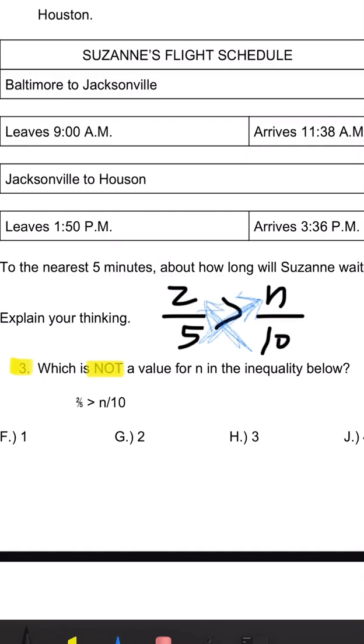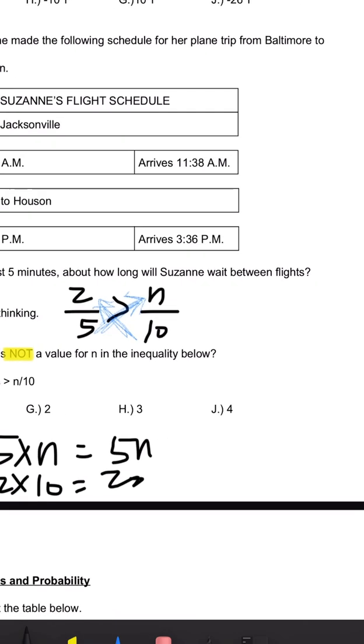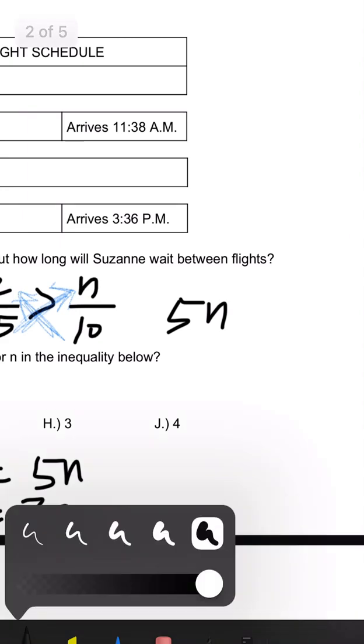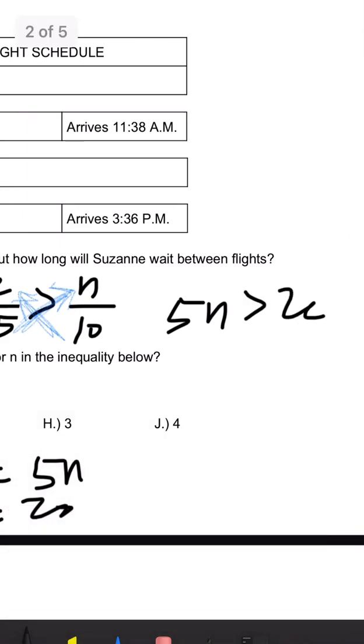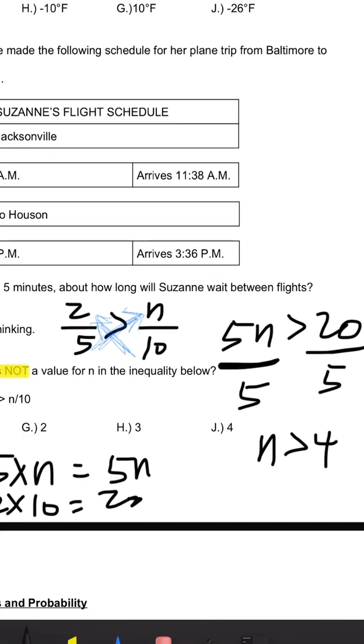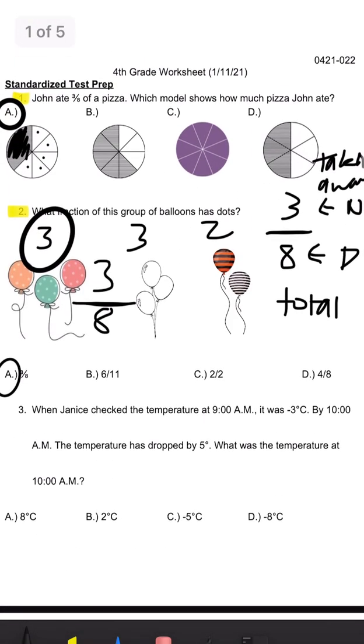So we have 5 times n, which is 5n, and 2 times 10, which is 20. So we'll write 5n is greater than 20. Then we'll divide by 5 to get n by itself, and n is greater than 4. So we know that our answer choice, J, is correct.